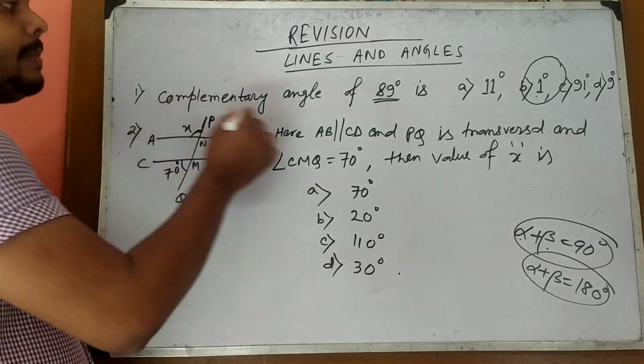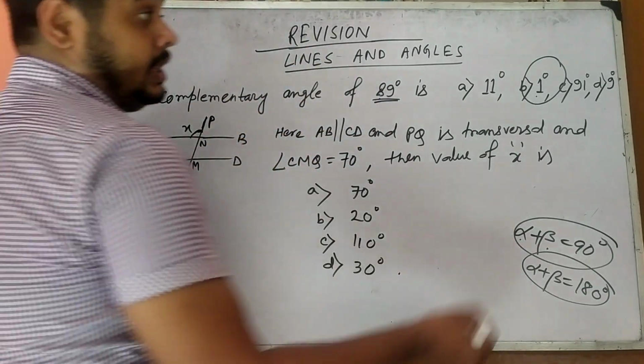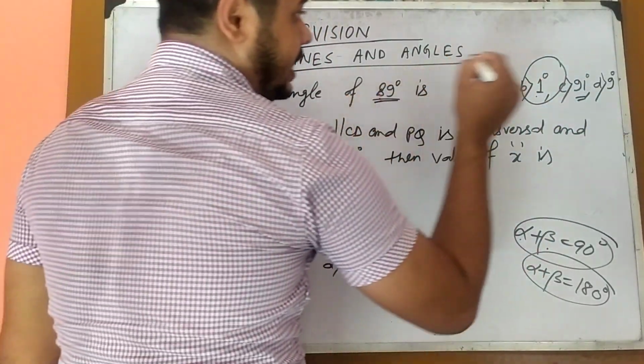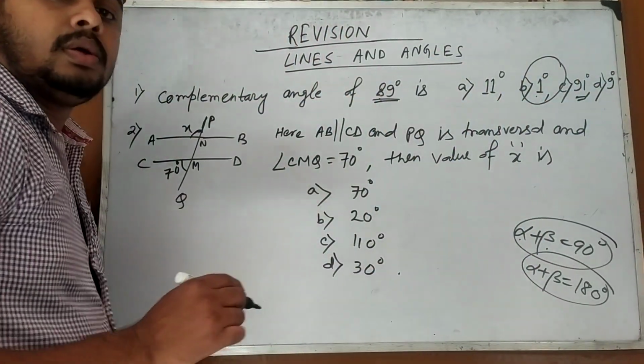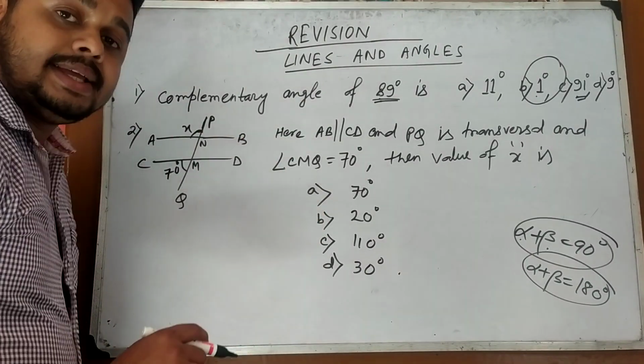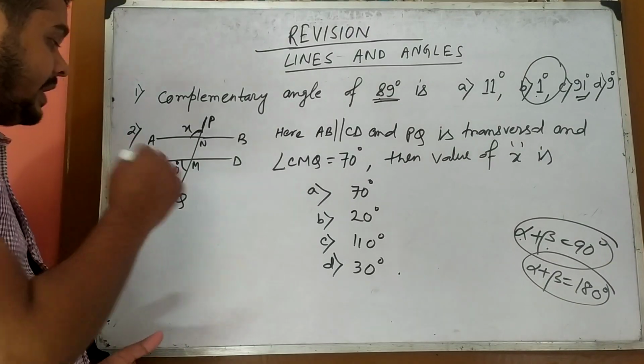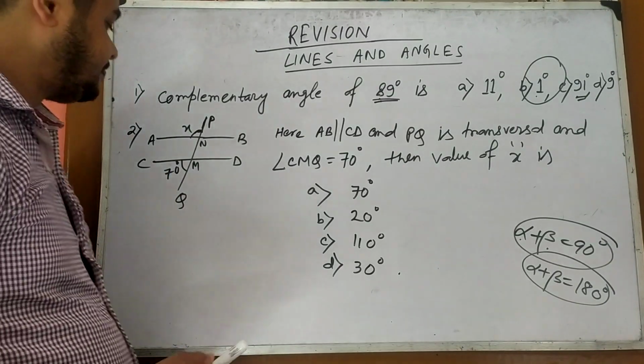If the supplementary angle of 89 is asked, the answer will be 91, because 89 plus 91 equals 180 degree. Clear?